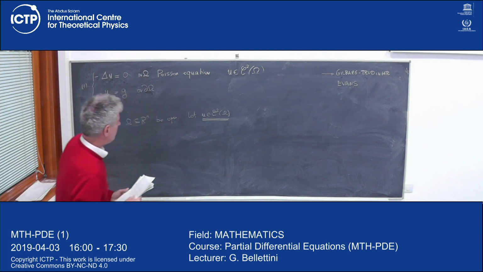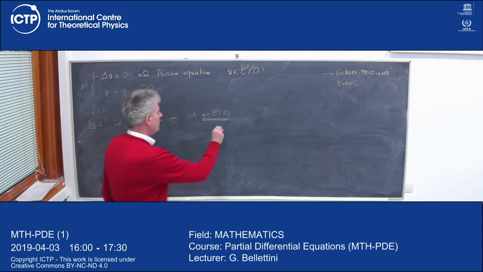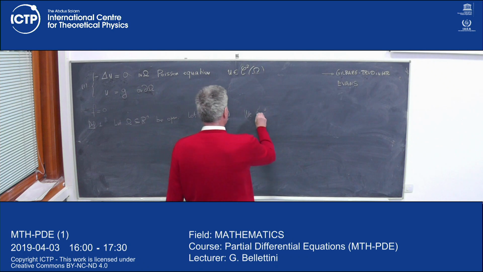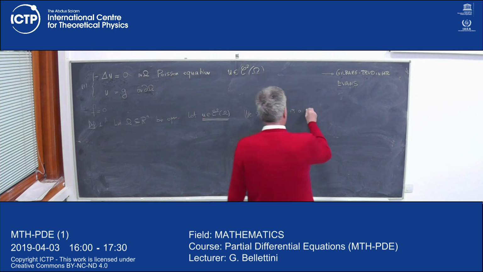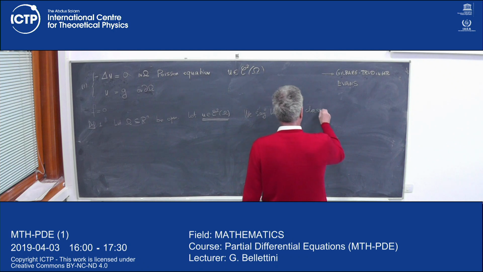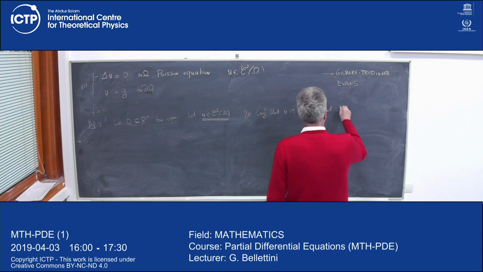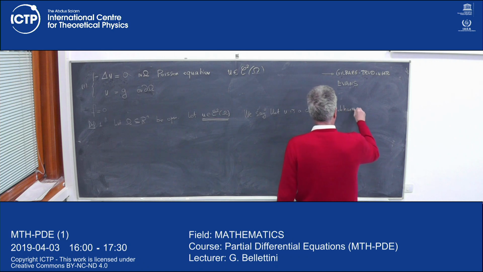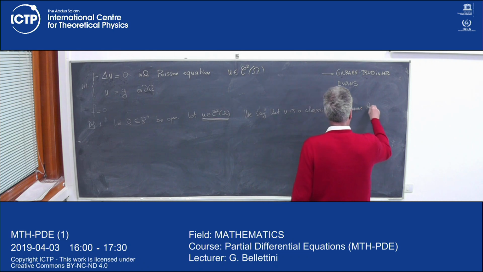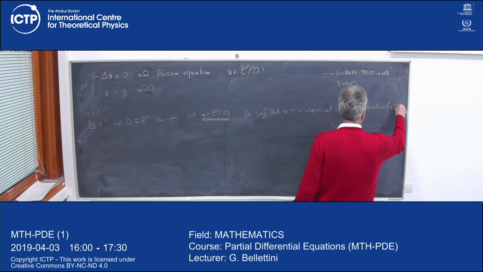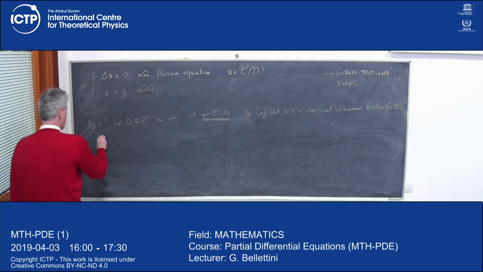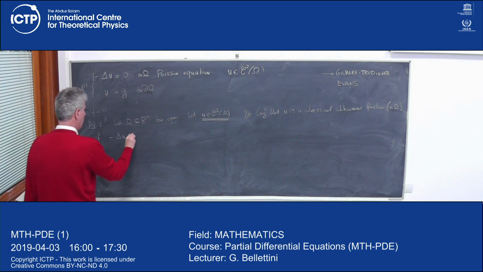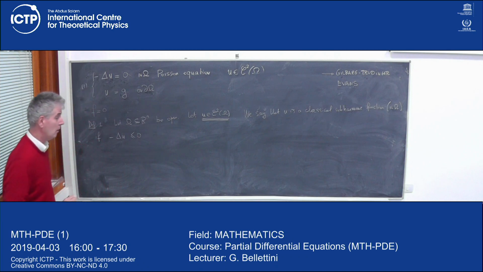Okay, suppose that this, so we say that U is a classical subharmonic function in omega if minus Laplace of U less than or equal to 0 in omega.